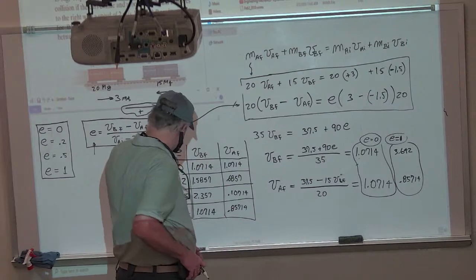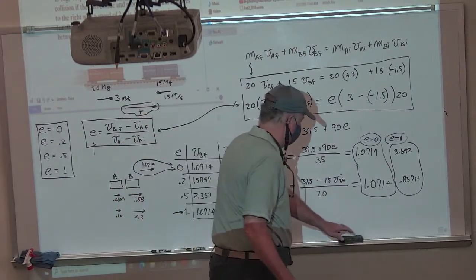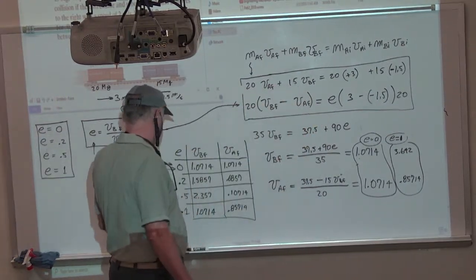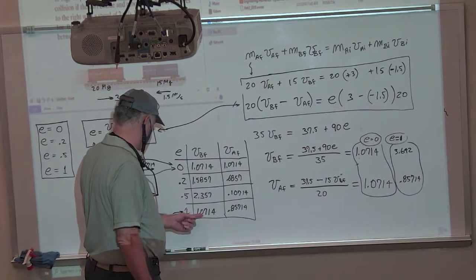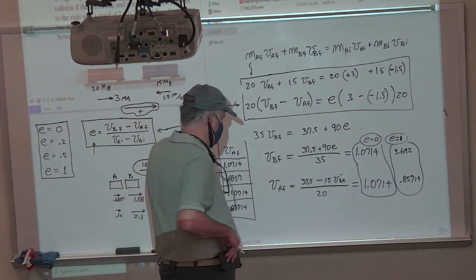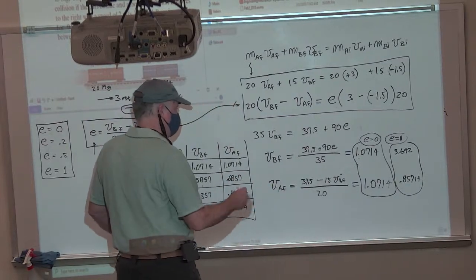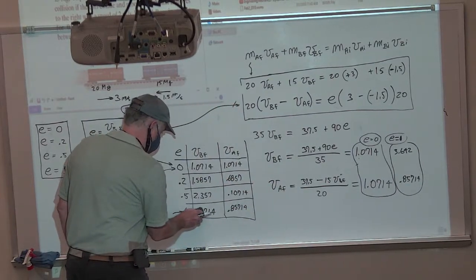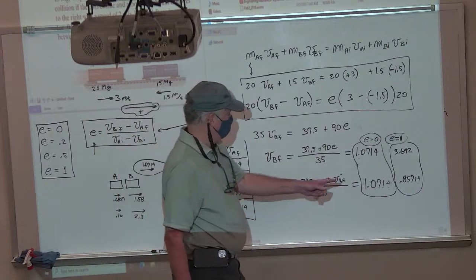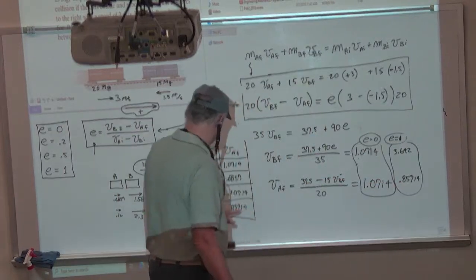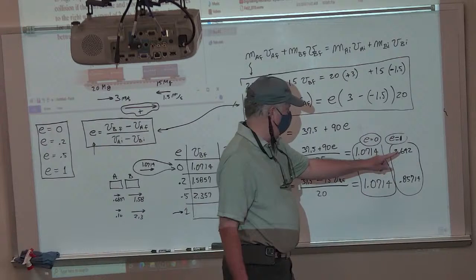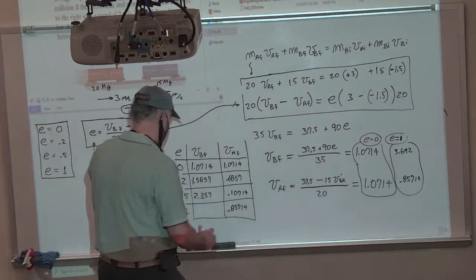Now, let's look at the side issue here. Okay, so you can see what happens. Oh, wait a minute. I copied it down wrong. This one goes here. This one goes here.